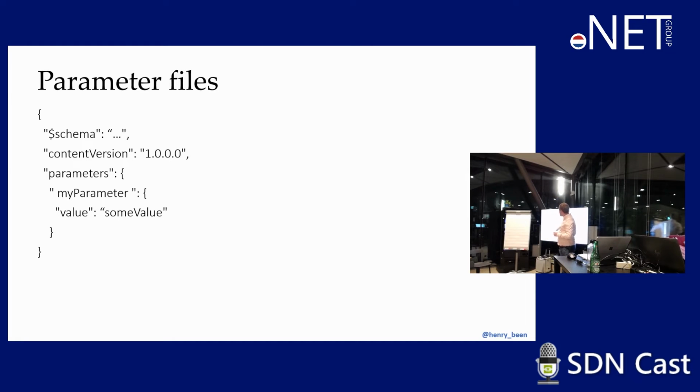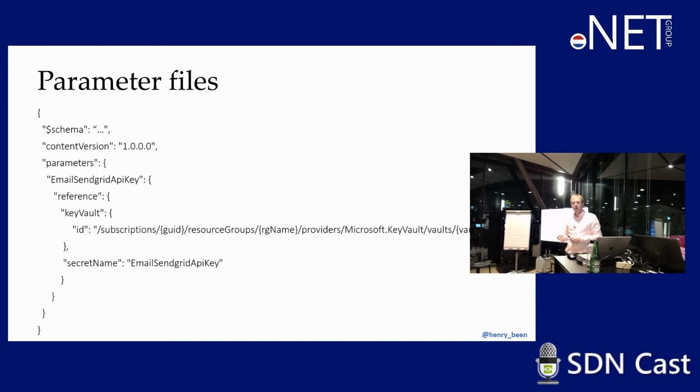A JSON object, schema, content version, and then a parameters object where you specify the name of the parameter, and the value is an object within which you nest a value which contains the actual value. Might feel like a little bit of overkill, but the reason is there is another way of specifying the value for a parameter, and that's by referencing a key vault.